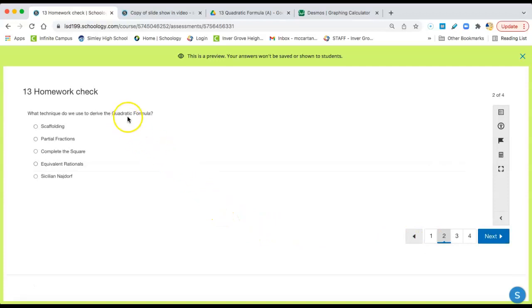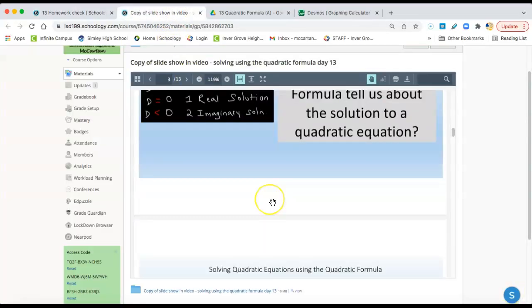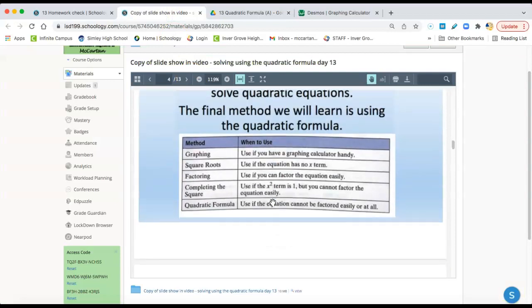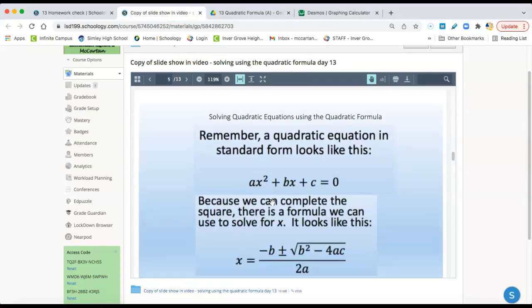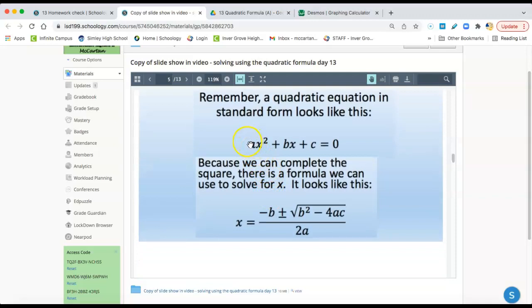Guys, what technique did we use to derive the quadratic formula? It didn't just come from anywhere. Remember we talked about the different techniques that we've used before, and what the quadratic equation looks like is right here with the a, b, c.